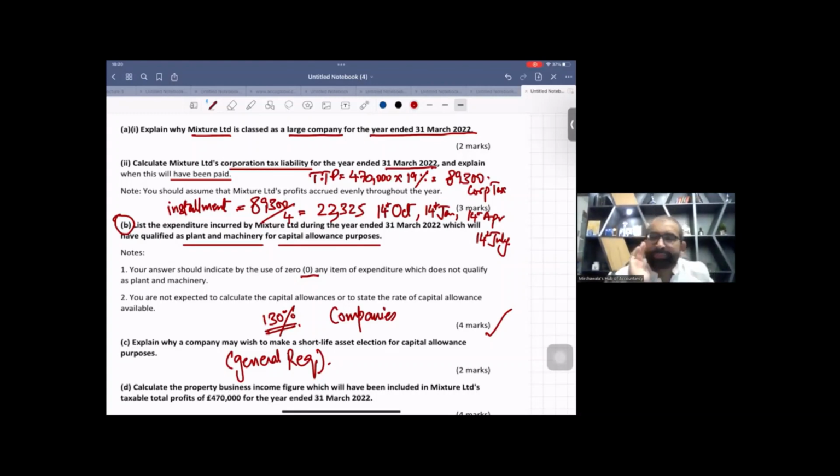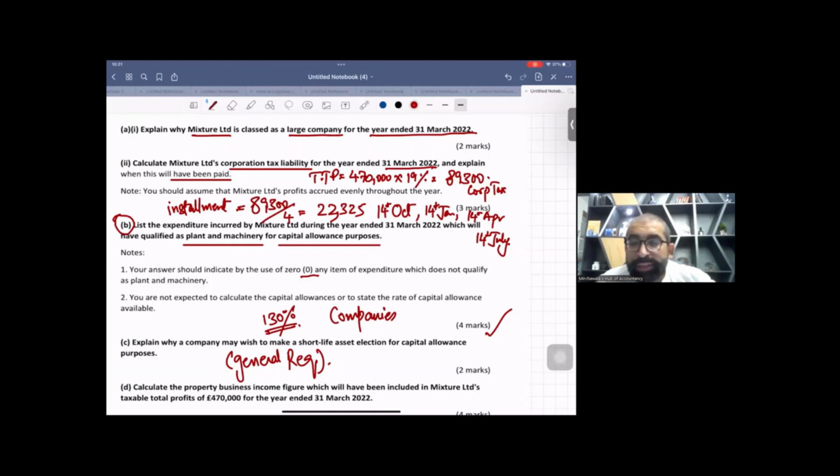Are you getting this? So one point you can write is that when you can get 130% on short life asset, then no need to do any election or depool.